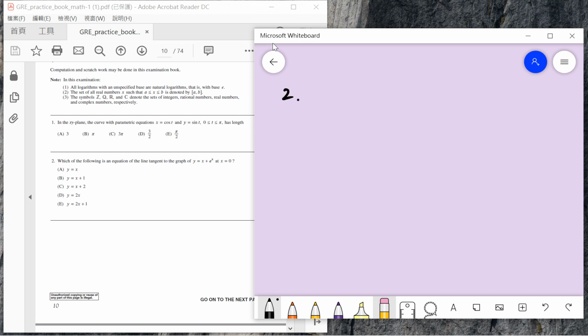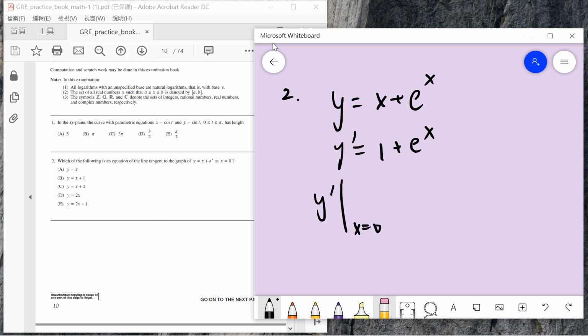Number 2: which of the following is the tangent line to a graph? Basically, you take the derivative, 1 plus exponential x. When x equals 0, it is 1 plus exponential to the power 0, which is 2.